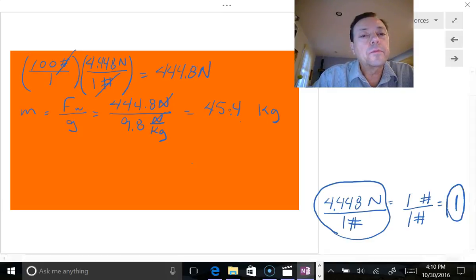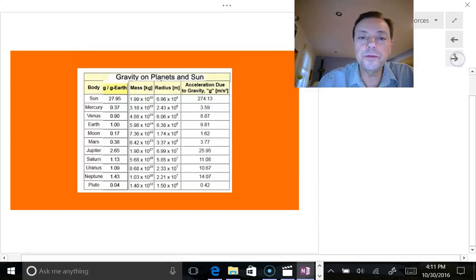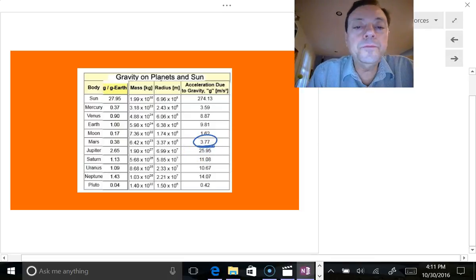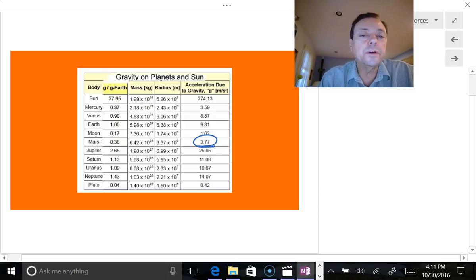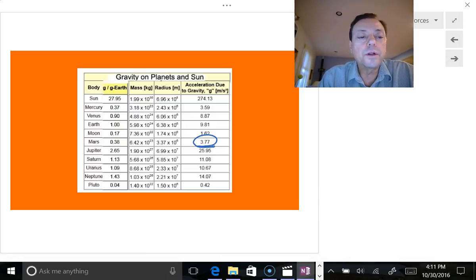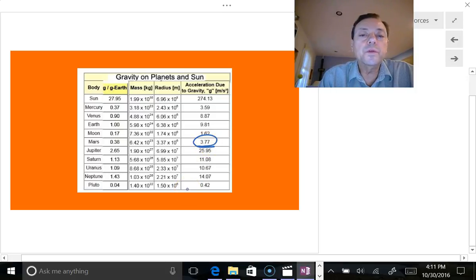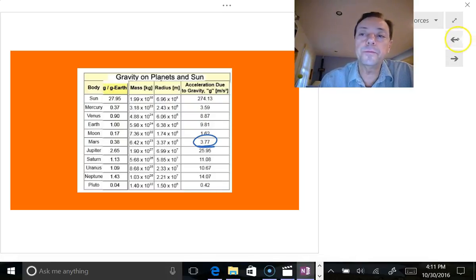And so what would be my weight on another planet? Well, let's see what choices we have here. I'm going to try, I think, Mars, which is a little less than 4/10 of what it is here on the Earth. So it's 3.77 newtons per kilogram, or meters per second squared. They're actually the same thing.